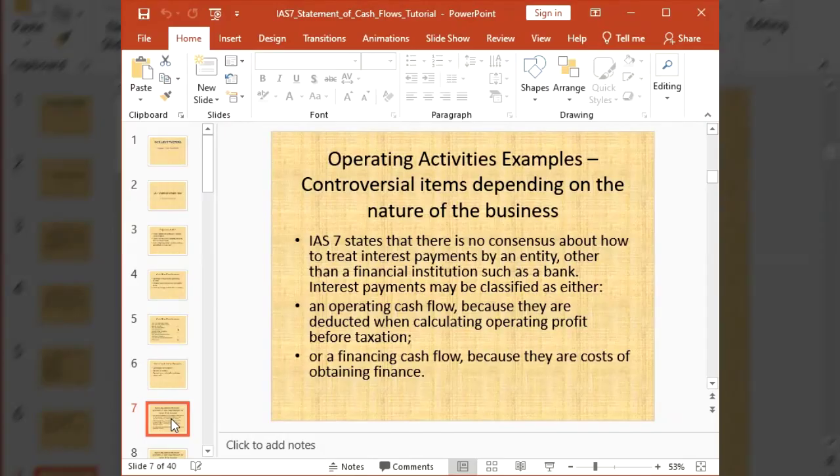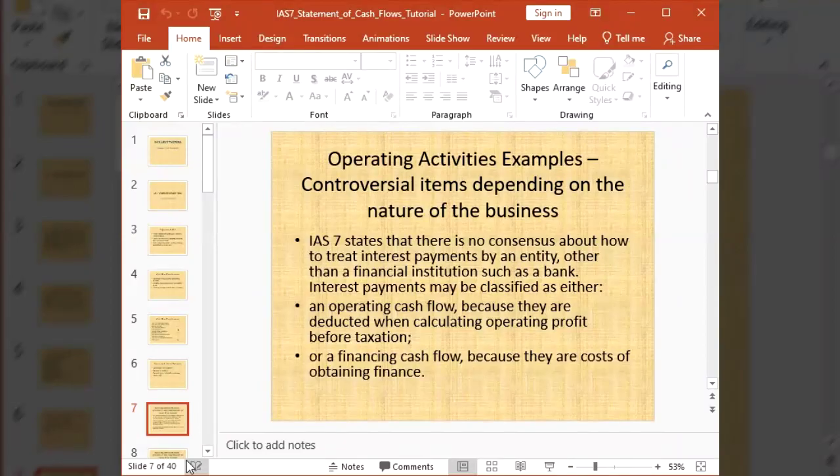So it's a form of a product that the bank is selling. That is, the loan issued by banks is a form of a loan that the bank is selling to customers. What that means is that if a reporting entity is not a bank, and that entity makes interest payments, then we can treat the interest payments as either an operating cash flow, because they are deducted when calculating operating profit before tax, or as a financing cash flow because they are the cost of obtaining finance.